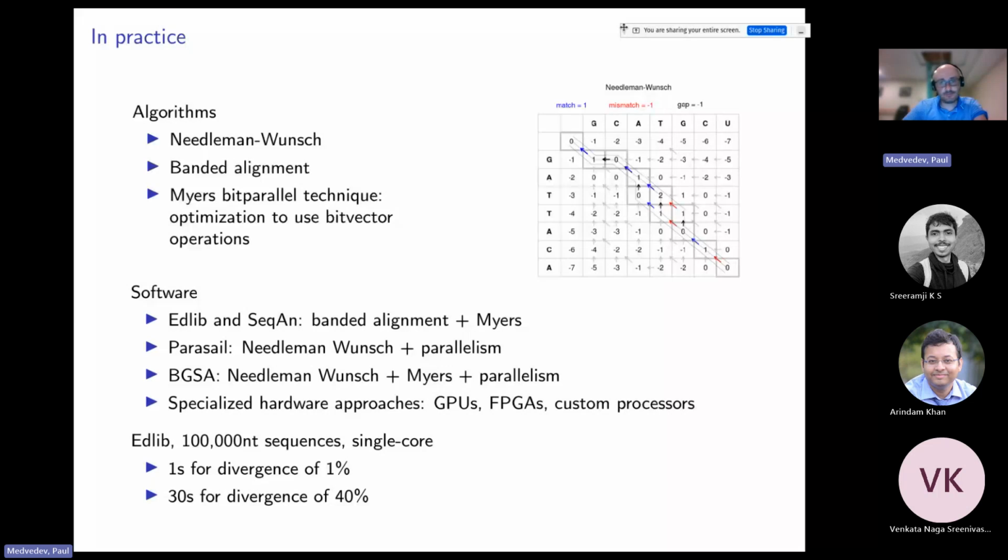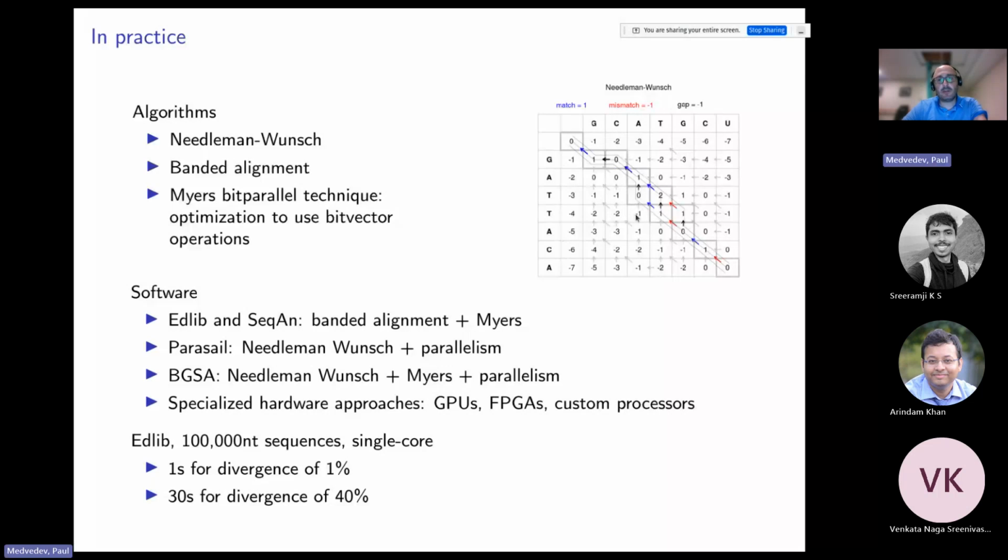The idea is that we have a matrix of size n by n, and we fill the matrix going from left to right and going down. The value at each position is the edit distance between a prefix of one string and a prefix of the other string, depending on the position.